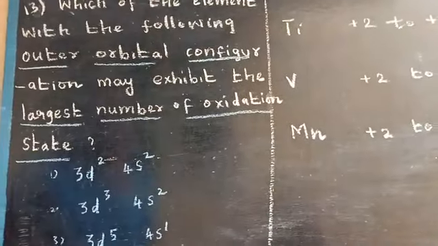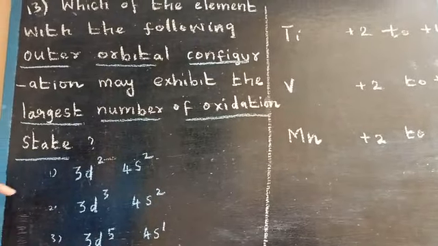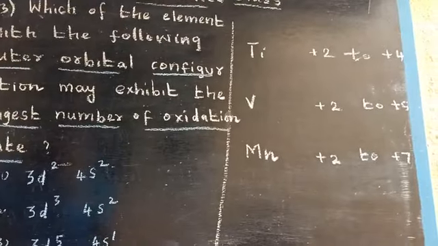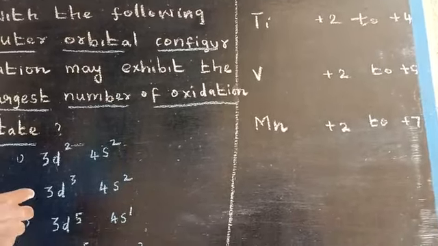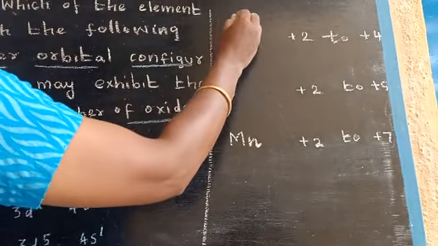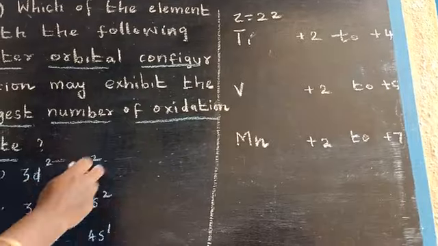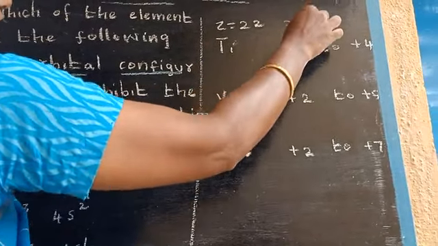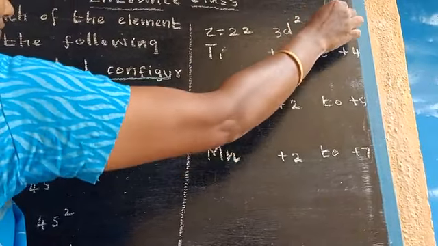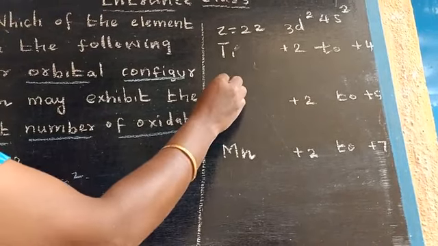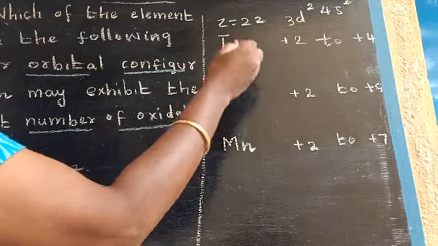Now 3d2 4s2. So 3d2 4s2 means the atomic number is titanium, that is 22. Titanium atomic number Z is equal to 22. And the next one, 3d3 4s2, vanadium, atomic number 23.